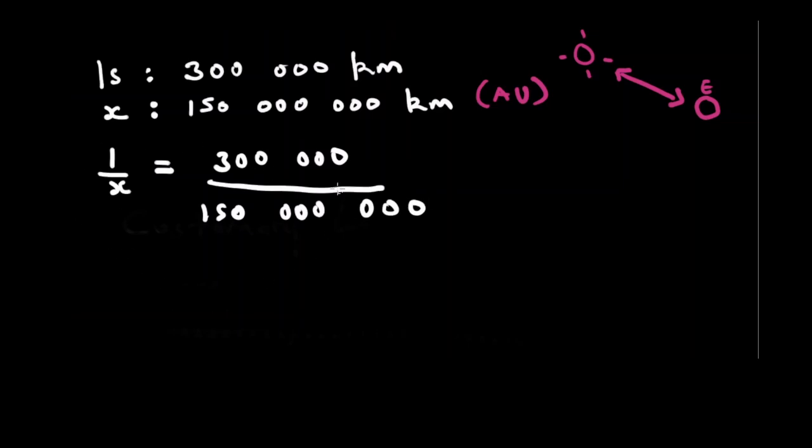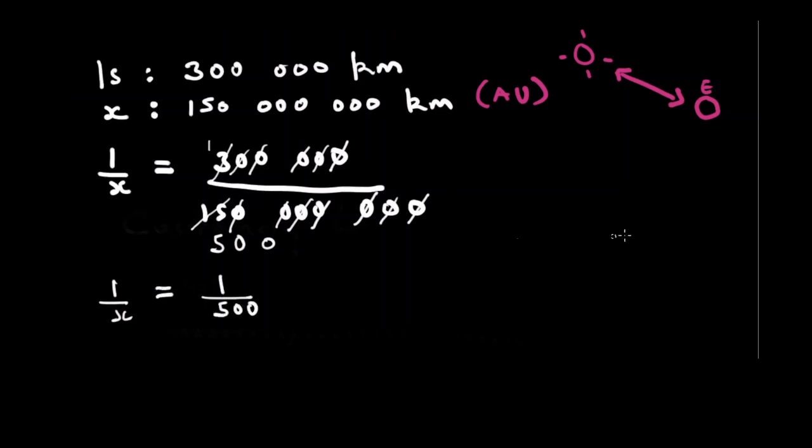Solving this equation, this 0 cancels out with this one. The same happens here. This and this also, and this. So we are left with 3 over 1,500, of which 3 into 3 is 1, 3 into 15 is 5, into 0 it's 0, and into 0 it's 0. 1 over x is equal to 1 over 500.